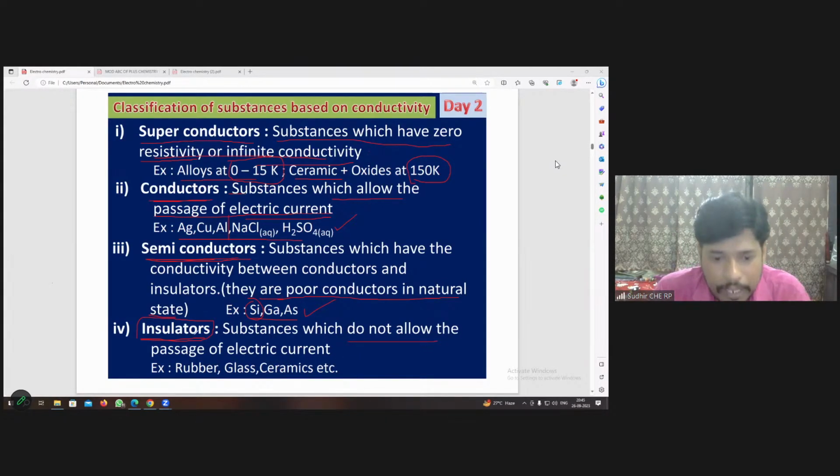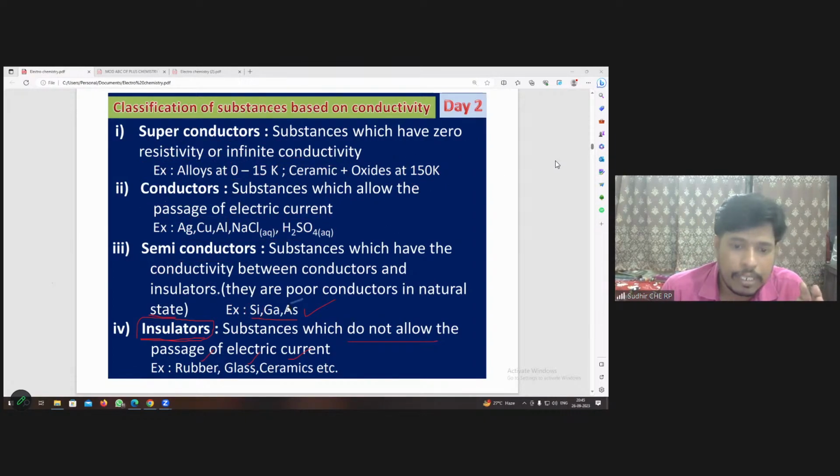The best examples of insulators are rubber, plastic, glass, ceramic, all these types of substances.